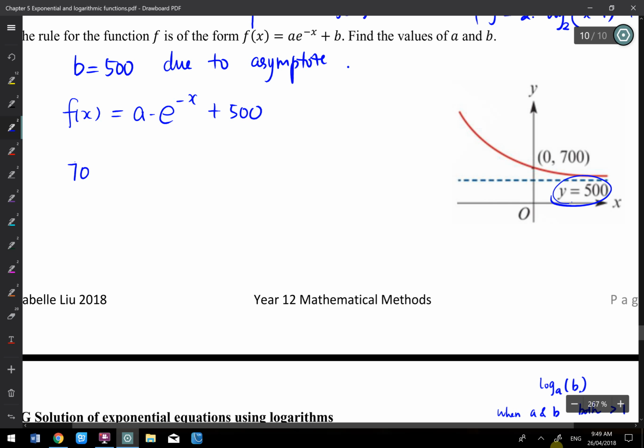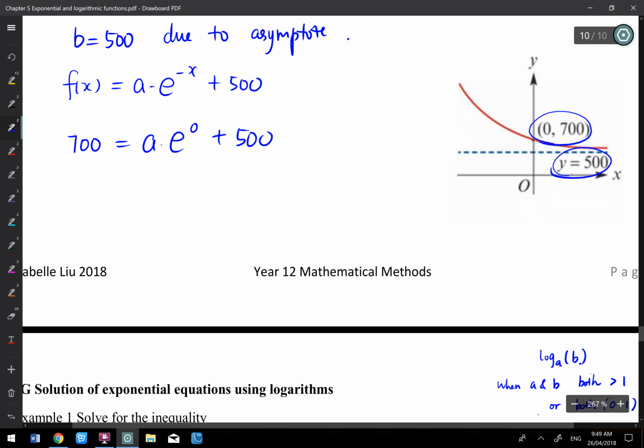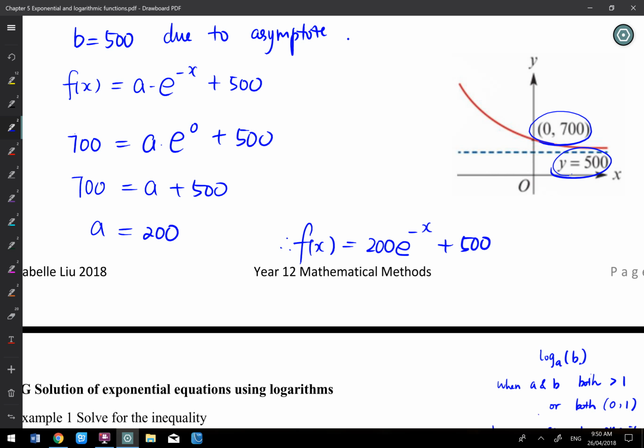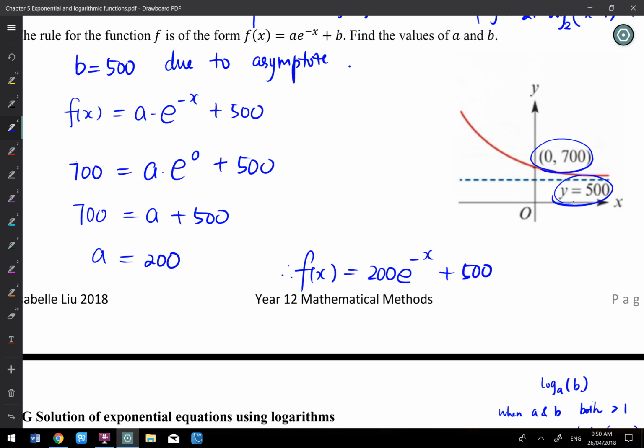I solve it by substituting the point 0, 700. So 700 equals a plus 500, and a equals 200. So f(x) equals 200 e to the power of minus x plus 500. That's a very simple question. It just wants you to see that the horizontal asymptote gives you the constant you add at the back.